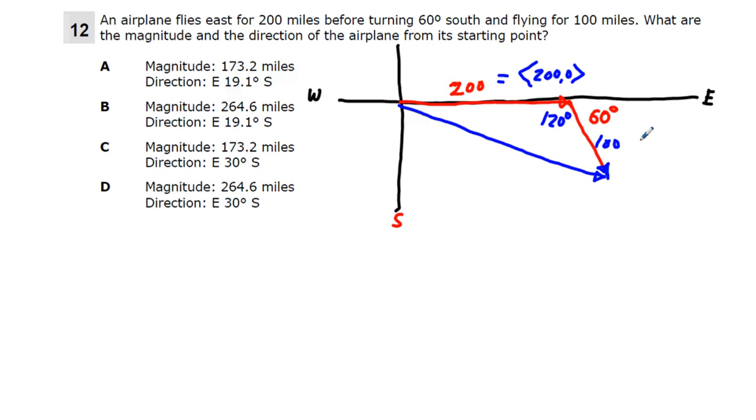So this 100 is going to be 100 cosine, and in standard form, it's going to be cosine of negative 60 degrees, right? Because that's going to be our x value, and our y value is going to be 100 sine of negative 60 degrees.